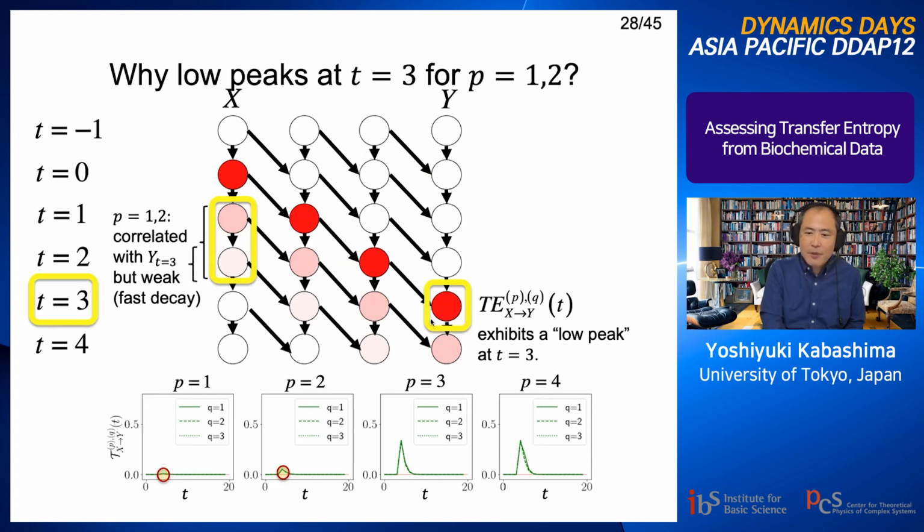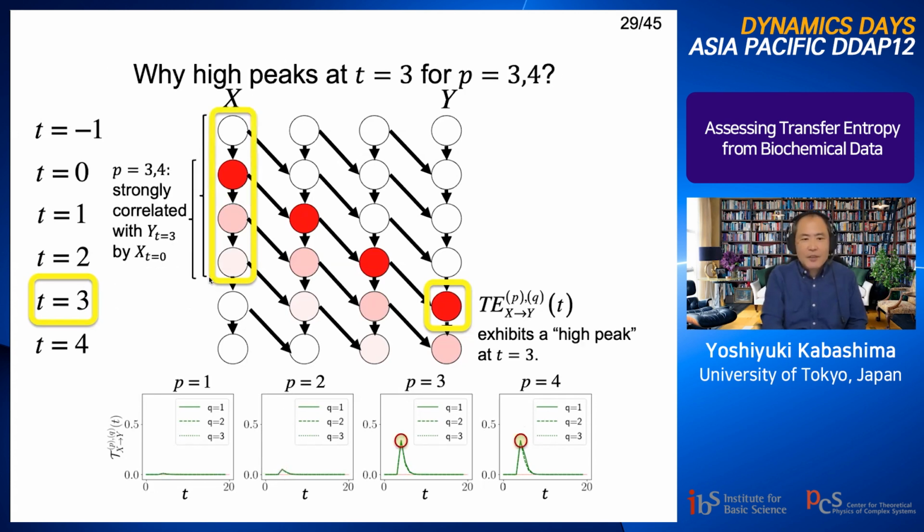We evaluate the transfer entropy here. Okay, actually, for lag 1 or 2, these values are correlated with Y at t equals 3. So it has some finite value here. But this value is a bit smaller because of the self-decay. So the peak value is small, right?